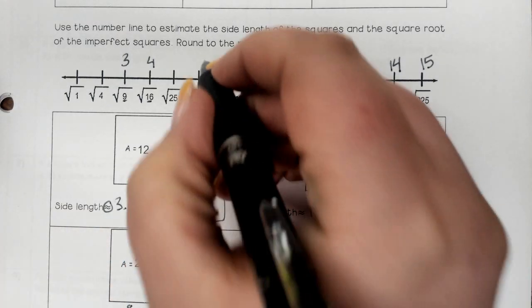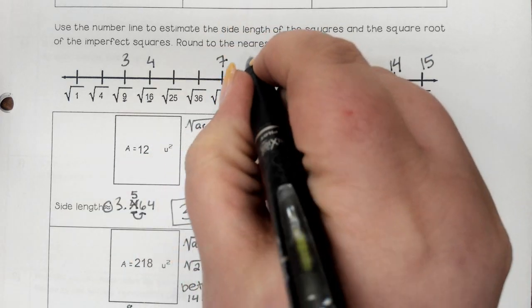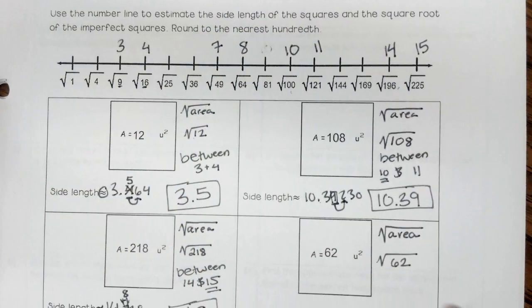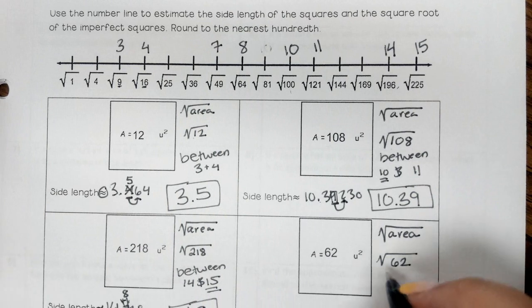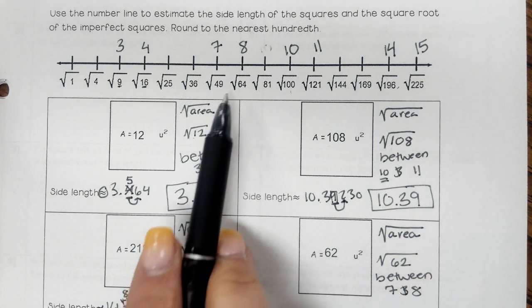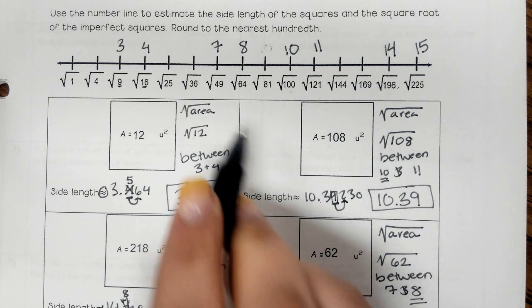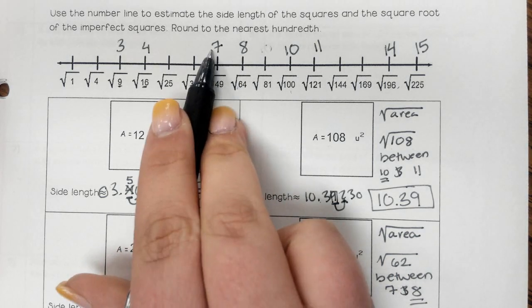The square root of 49 is 7, and the square root of 64 is 8. So I know that the square root of 62 is between 7 and 8. 62 is a lot closer to 64 than it is to 49. So I know that we're closer to 8 than we are to 7.